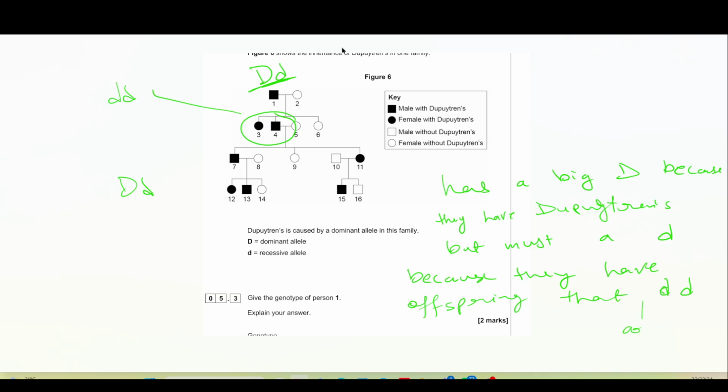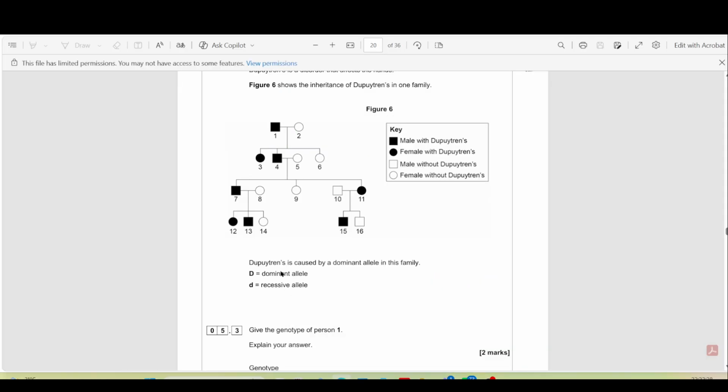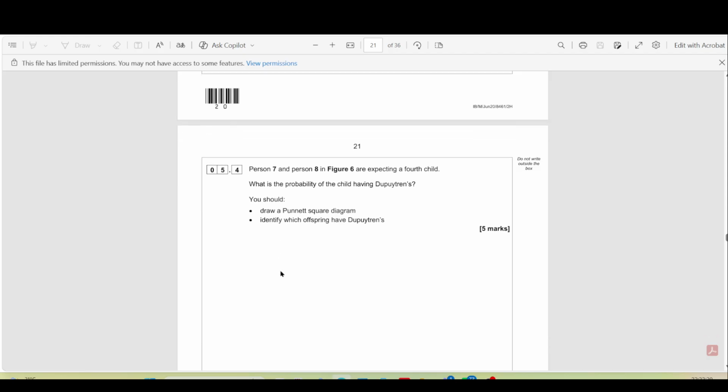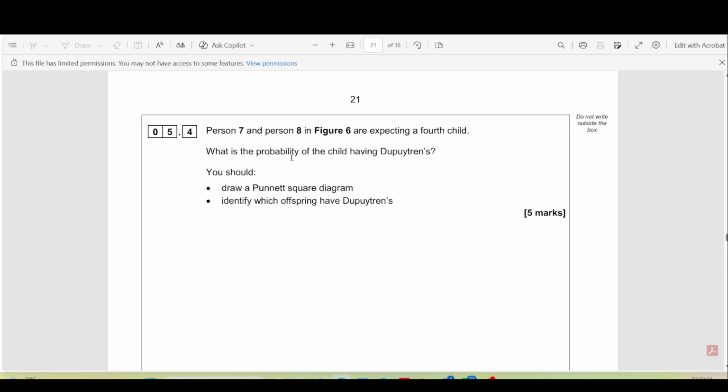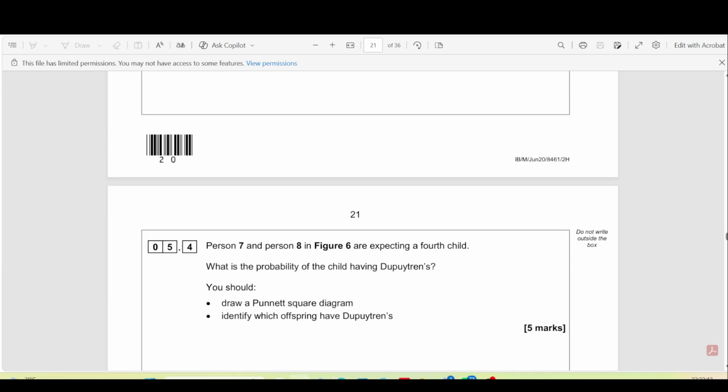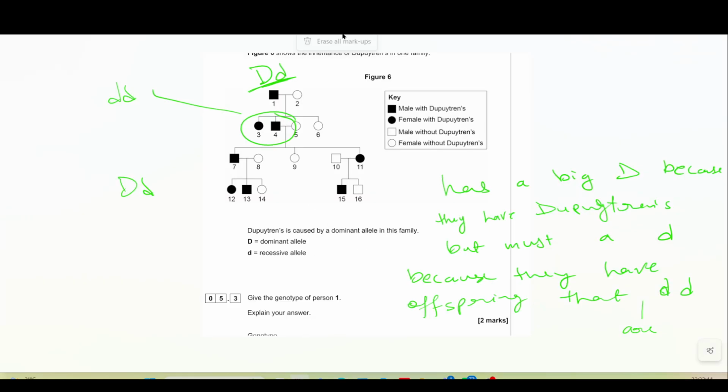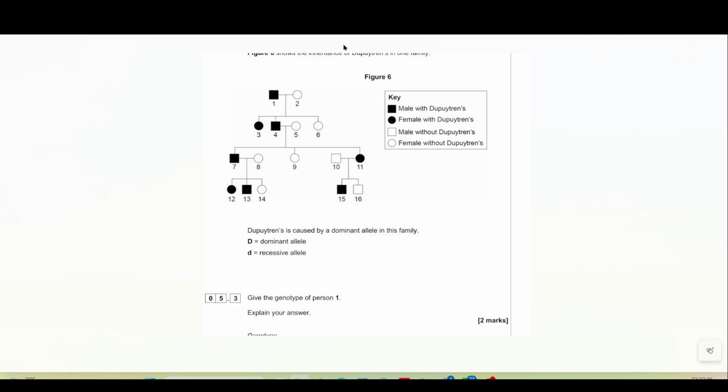Person 7 and person 8 in figure 6 are expecting a fourth child. What is the probability of the child having Dupuytren's? Person 8 is unaffected, so he is small d, small d, and person 7 is capital D and small d.